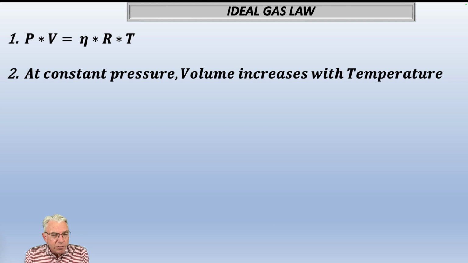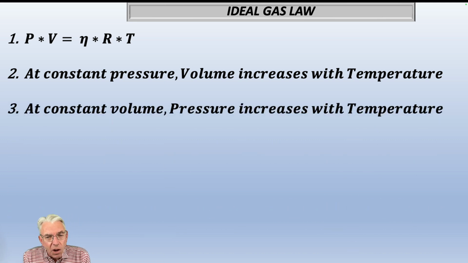So what can we derive from this? 3 interesting things. At a constant pressure, volume is going to increase with temperature. So you have the same amount of molecules bouncing off this surface, this 90-degree area. And so with the pressure being the same, as the temperature increases on this side of the equation, if this is constant, then the V has to go up as well. So as the temperature goes up, then that gas is actually going to expand and take up more space. So volume increases with temperature.